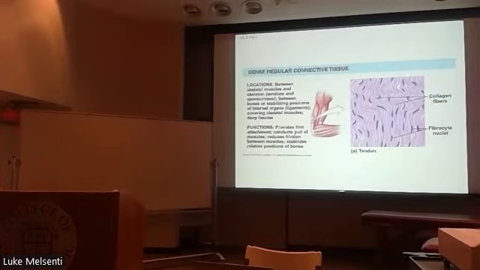All right? And you know that tendons connect muscle to bone and ligaments connect bone to bone. Big difference between the two is that ligaments, because they have to resist force in multiple directions, are going to have collagen that's not quite as regular. So in a tendon coming off a muscle, they're all going to be going in the same direction. But if you look at the ligament, the collagen fibers are going in different directions because it has to resist in different directions.